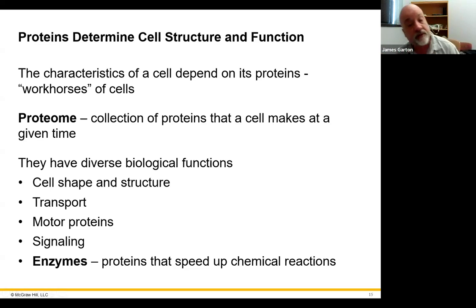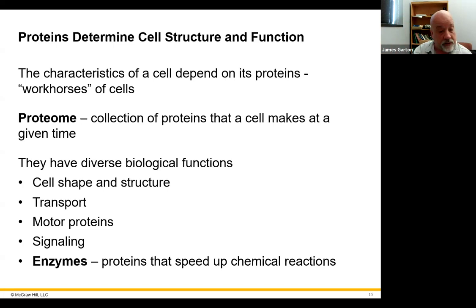And they're going to give the cell its shape and structure. They're going to be involved in transporting things. And by transport, it means transporting things across the cell membrane. There are going to be motor proteins, which move things around inside the cell.